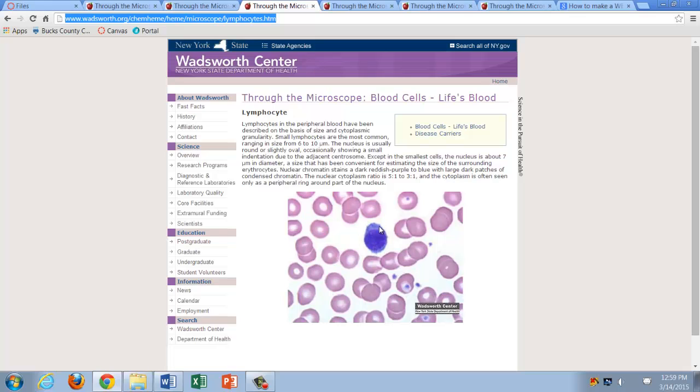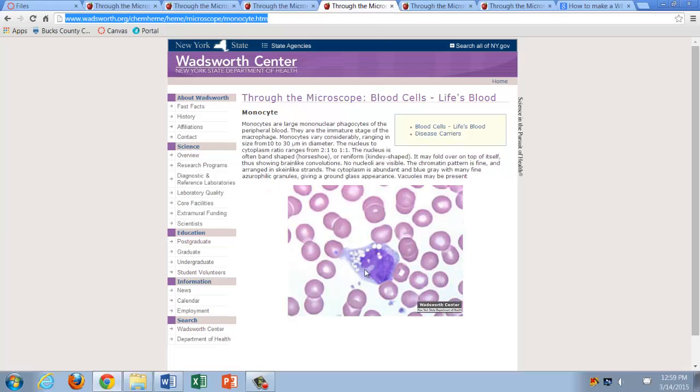It knows when a foreign invader is around and it sends signals to other cells and it makes antibodies. So measles, mumps, rubella, things that have been in the news lately, this cell is what helps us to make antibodies to fight off those viruses.